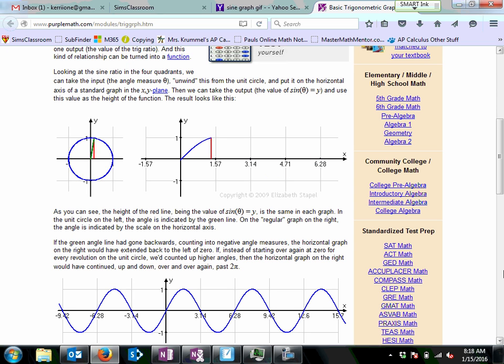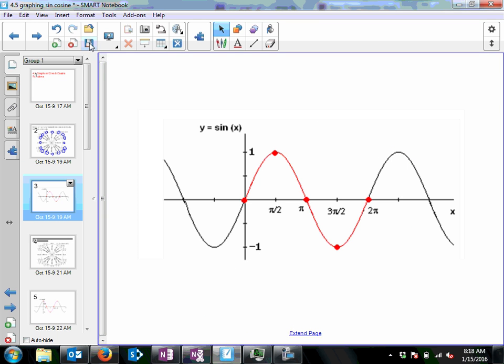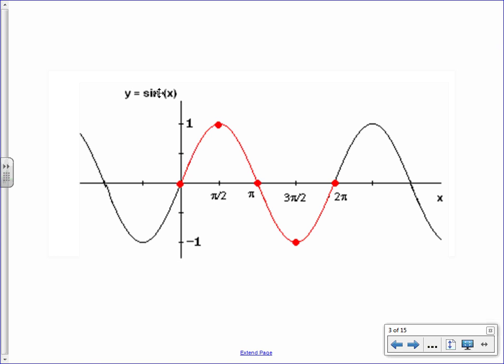So this is the parent function. I would like you to draw that red graph right there, the red piece.